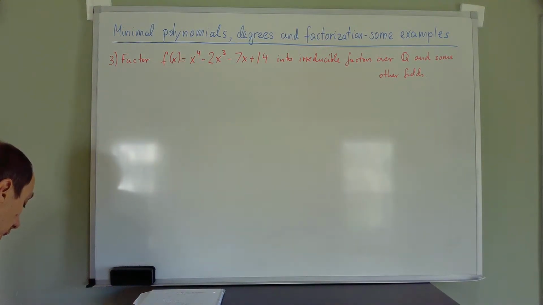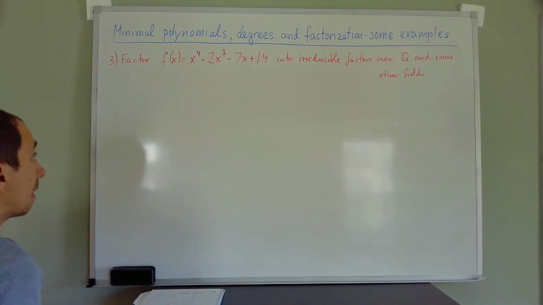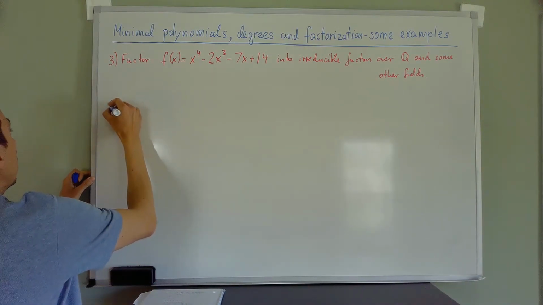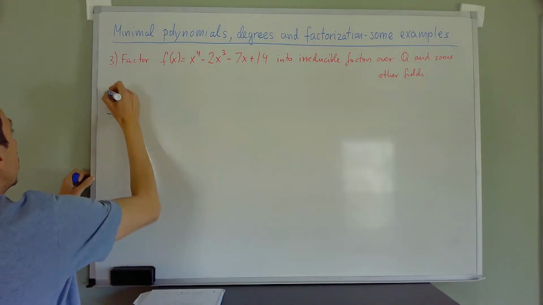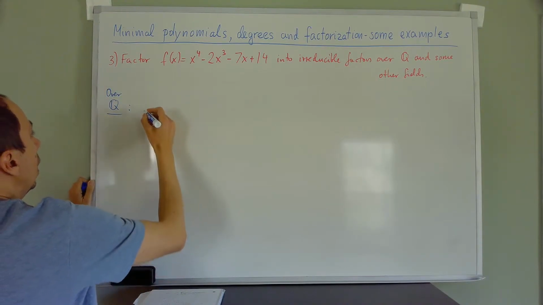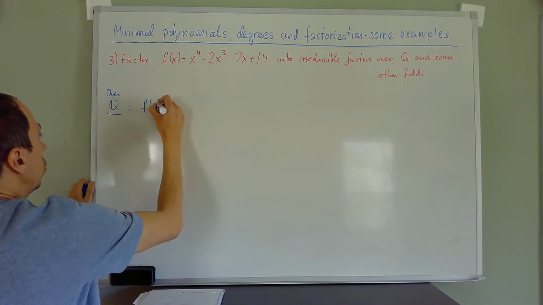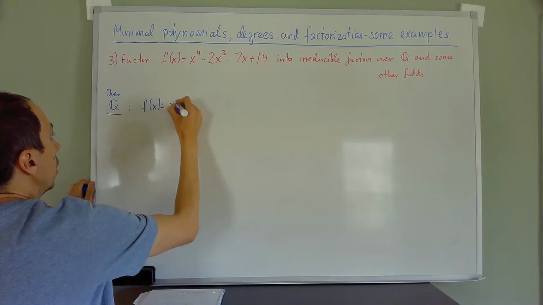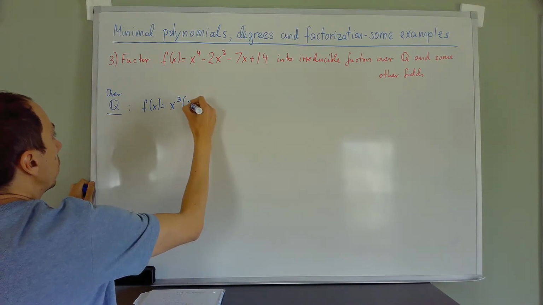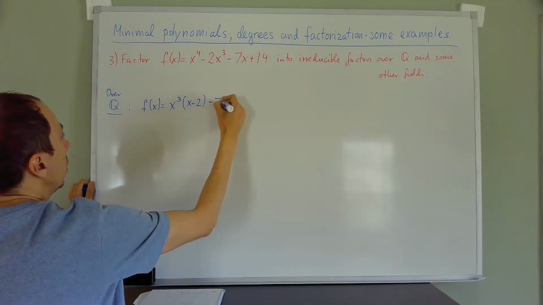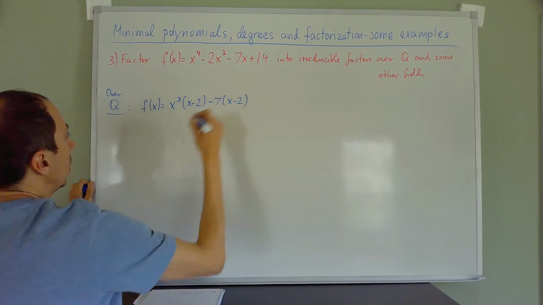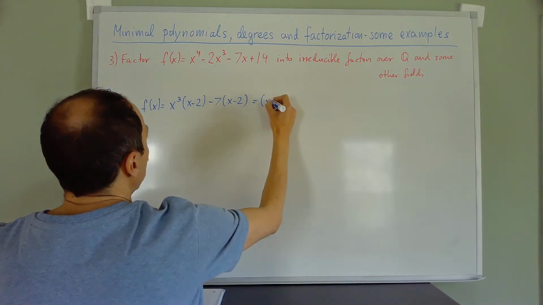So first of all, factorization over Q. If you look at this, I can group terms here. I can take out x cubed from the first two terms and then minus 7 from the next two, and I get this factorization.